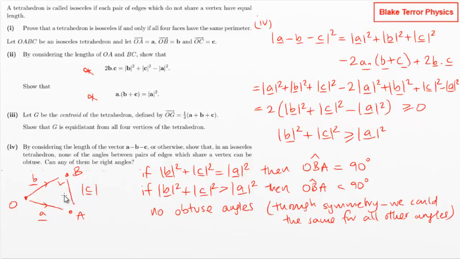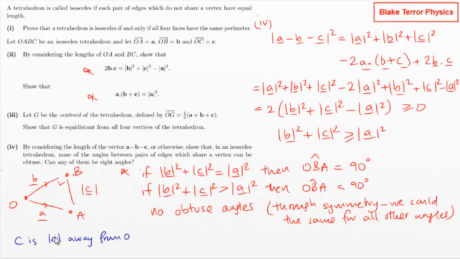So can any of them be right angles? So can we have this case? What would happen then if we did have that case? Then where would our other corner be? So where is C? C is, well, it's C away from O. So we know that much.